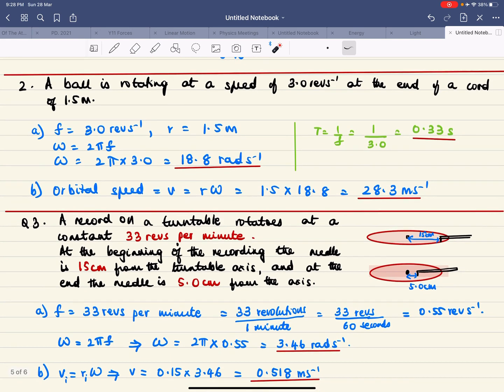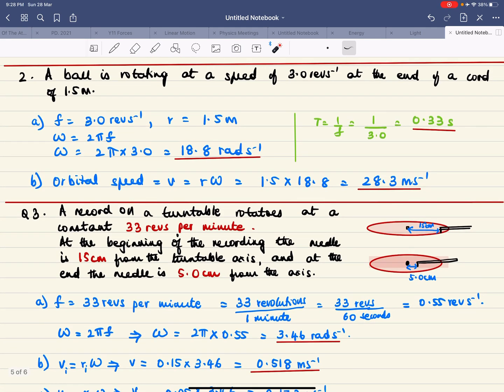Okay, then question 3. A record on a turntable rotates at a constant 33 revs per minute. At the beginning of the recording, the needle is 15 centimeters from the turntable axis, and at the end, the needle is 5 centimeters from the axis. You may not have seen a record on a turntable. Those were things years and years ago, but I've drawn a picture. This is something that's spinning around, and in order to listen to music, you had to have this little needle.